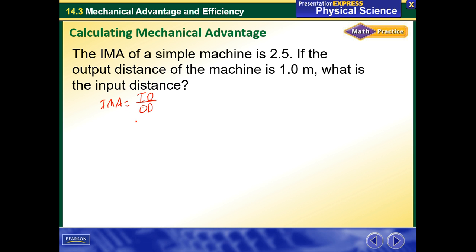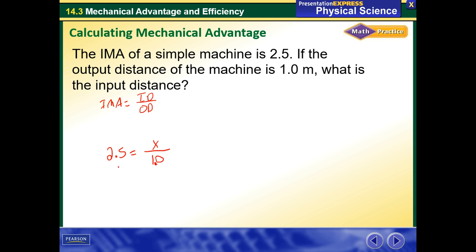And we just need to plug in what we know. Well, here it says the IMA is 2.5, so let's plug that in on the IMA side. It says my output distance is 1 meter, so let's put that in for my output distance. And it wants to know the input distance, so we're going to put X in for that.